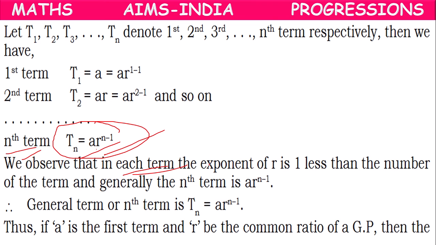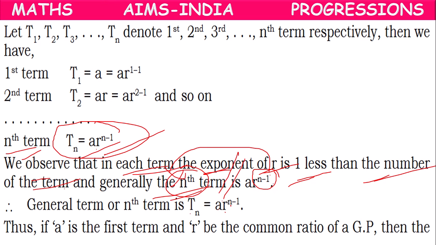So in each term, the exponent of R is 1 less than the number of the term. In the same way, for nth term also, exponent will be 1 less than n, which is n minus 1. Where A is the first term, R is the common ratio, n is the number of terms.